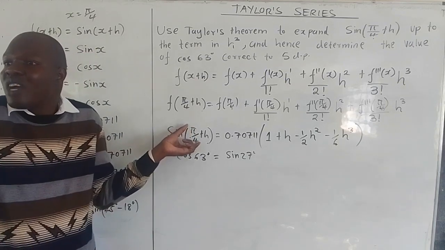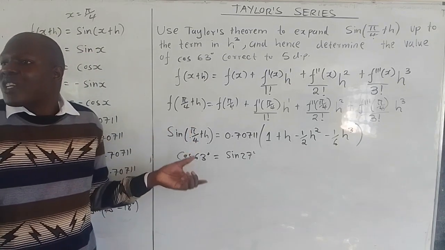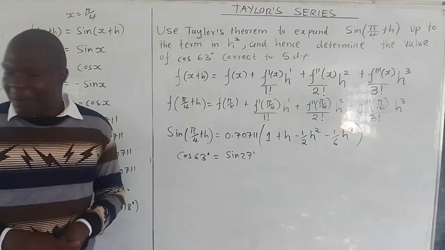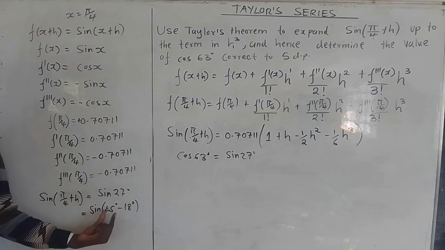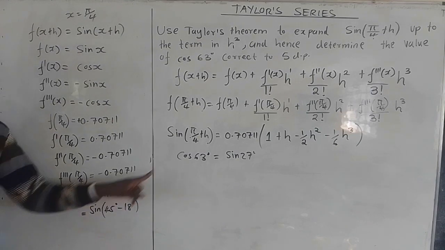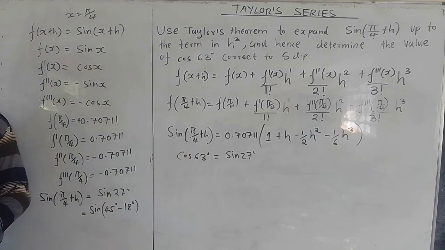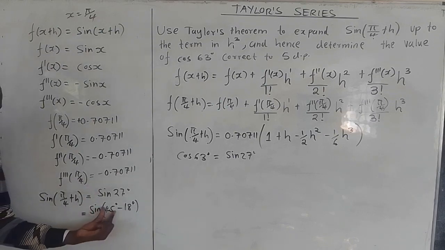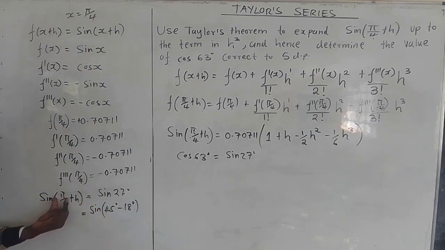But we now want to evaluate 27 degrees. 45 minus what gives you 27? Meaning 27 degrees is the same as 45 minus 18, because what starts here must be 45, pi over 4. So it is x plus h, meaning x is your 45, then h is now what? Have you seen you found the value of h?